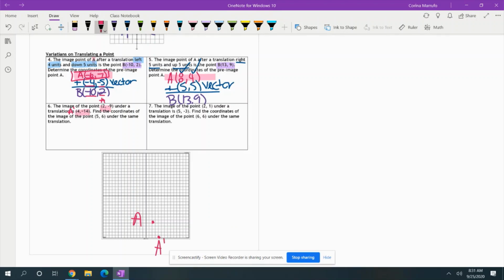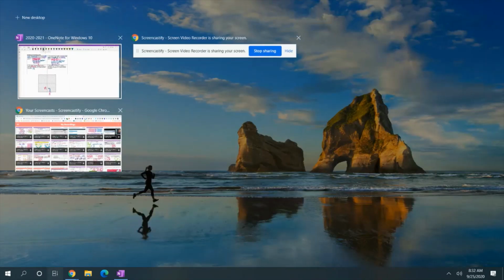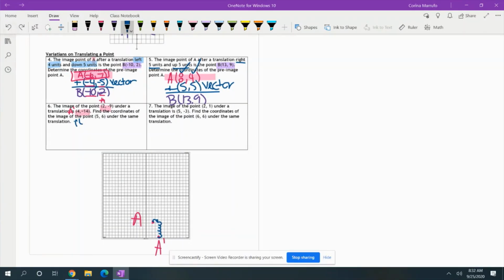So we're going to check what the vector is. How do we translate? We translated 1, 2 units to the right, and 1, 2, 3, 4, and 5 units down. So that means the vector is 2 units to the right and 5 down, so minus 5.